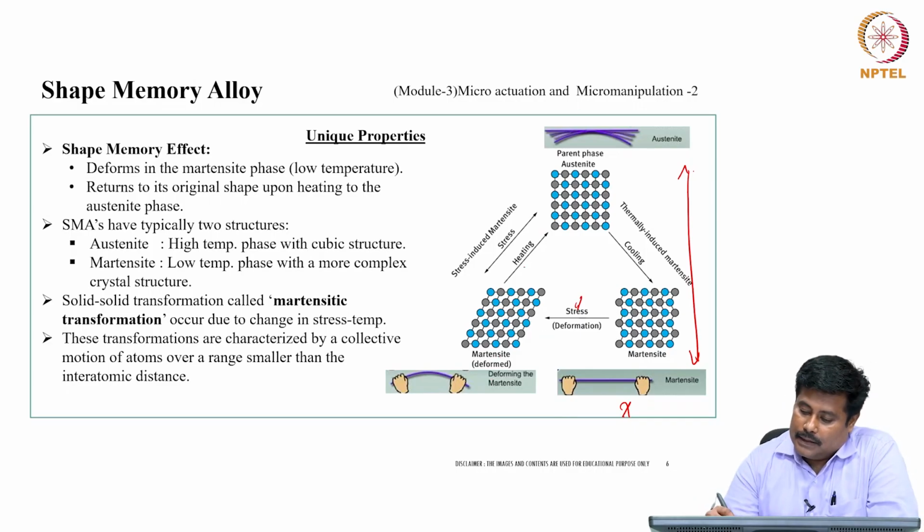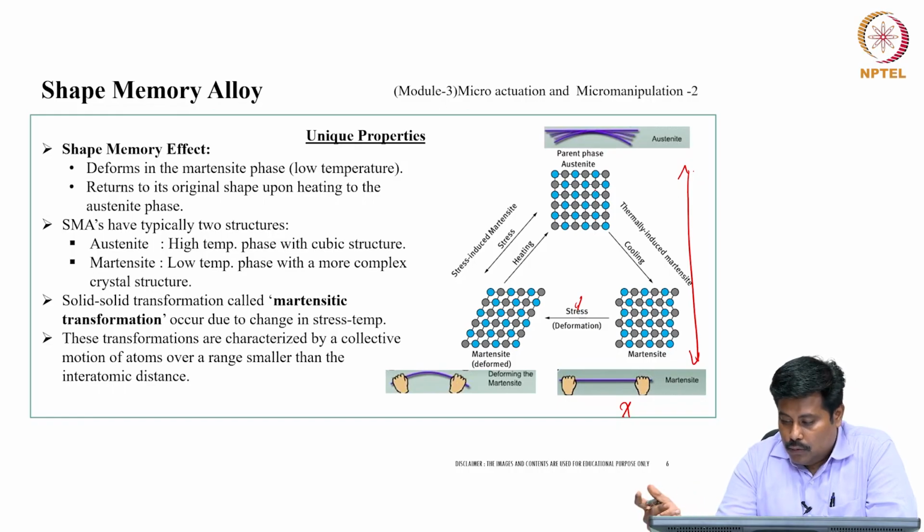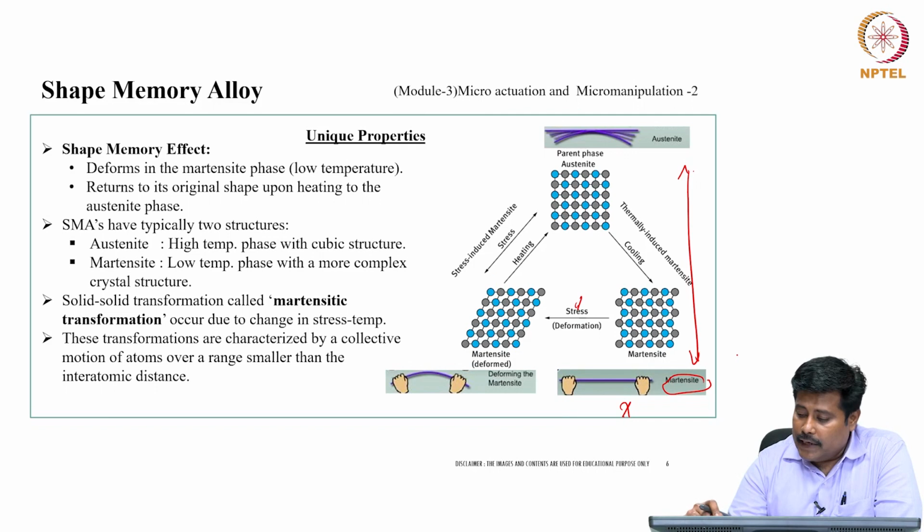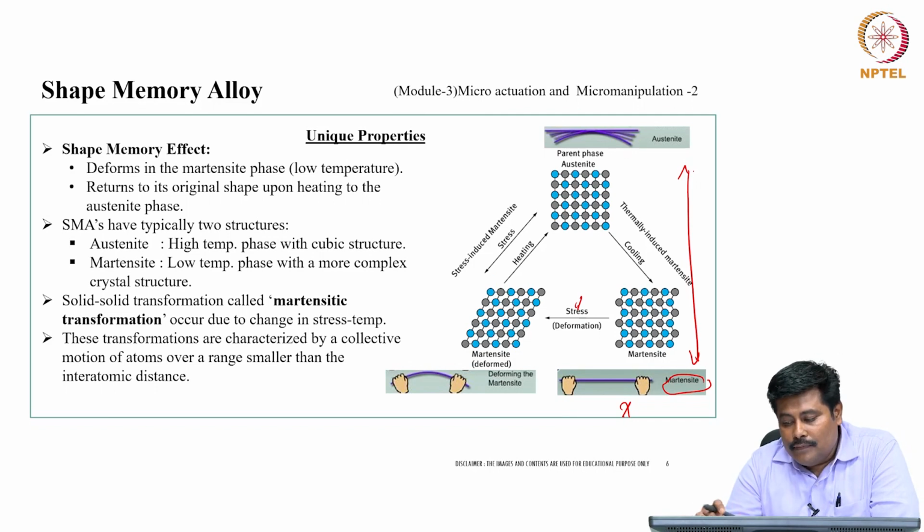From the deformed martensite, when I supply heat to it, it comes to an austenite phase, which is called the parent phase. Now, on cooling it, because of the thermally induced martensite, it comes back to the martensite phase. So this is a kind of cycle which is well established, and it is the key fundamental behind the shape memory alloy based structure.